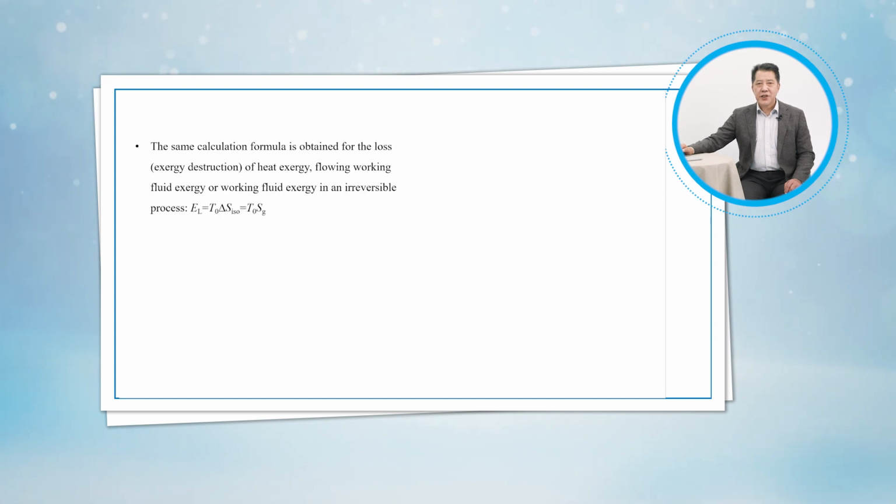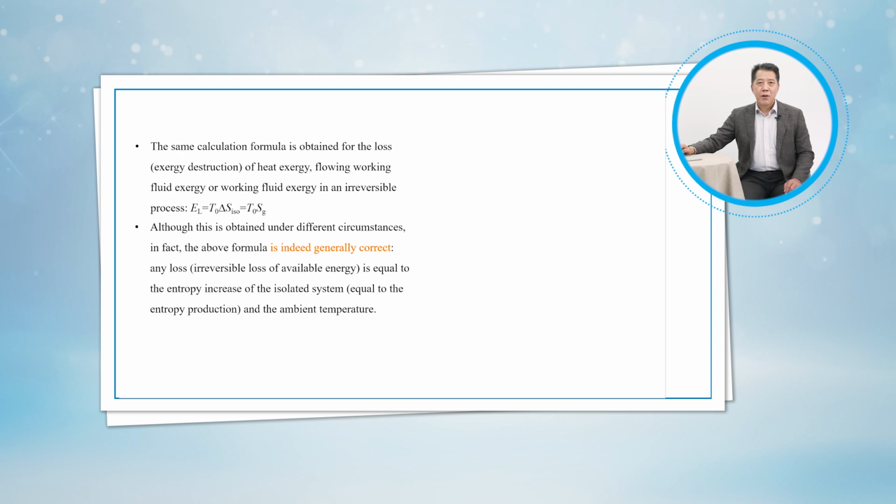The same calculation formula is obtained for the loss of heat exergy, flowing working fluid exergy, or working fluid exergy in an irreversible process. Although this is obtained under different circumstances, in fact, the above formula is indeed generally correct. Any loss is equal to the entropy increase of the isolated system and the ambient temperature.